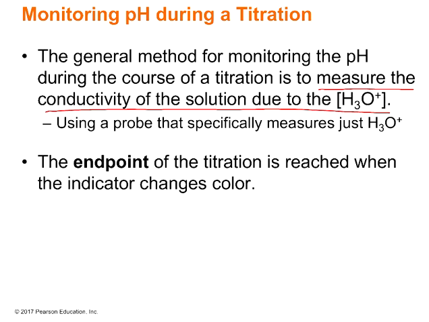So this is also called a pH electrode, and we'll talk a little bit more about that. Or the other way of monitoring the pH during a titration is to use an indicator. And an indicator will change color based on the pH of a solution. So we can use that to determine the end point of a titration.